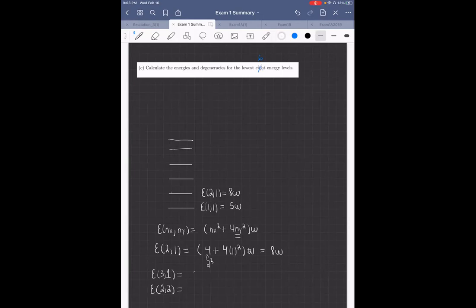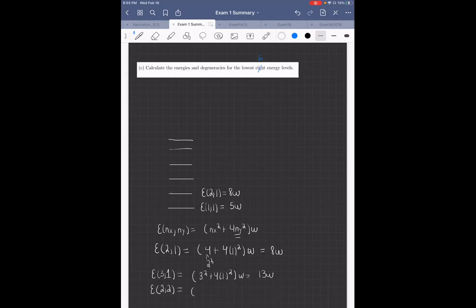Continue, okay. So we do 3 squared plus 4 times 1 squared, times W, and that's going to be equal to 9 plus 4, which is 13W.